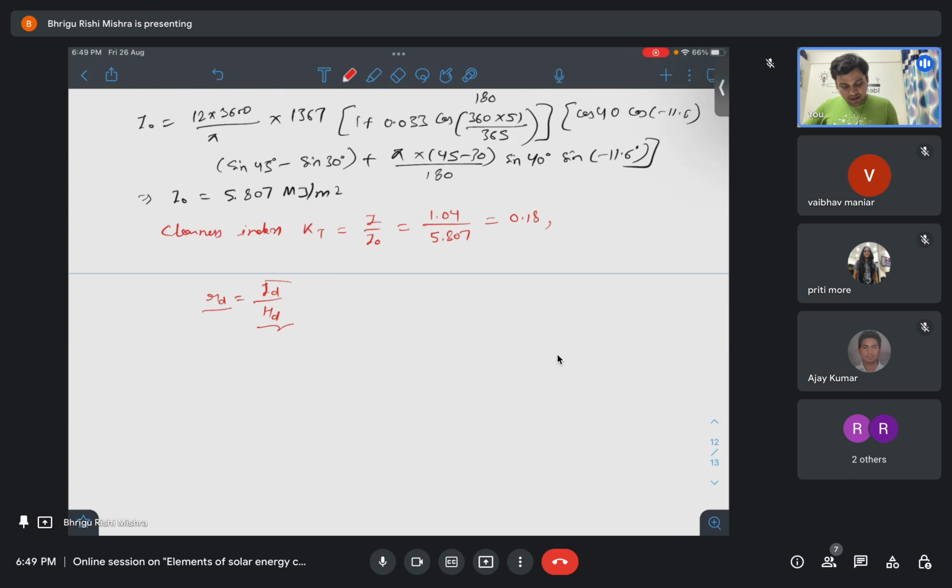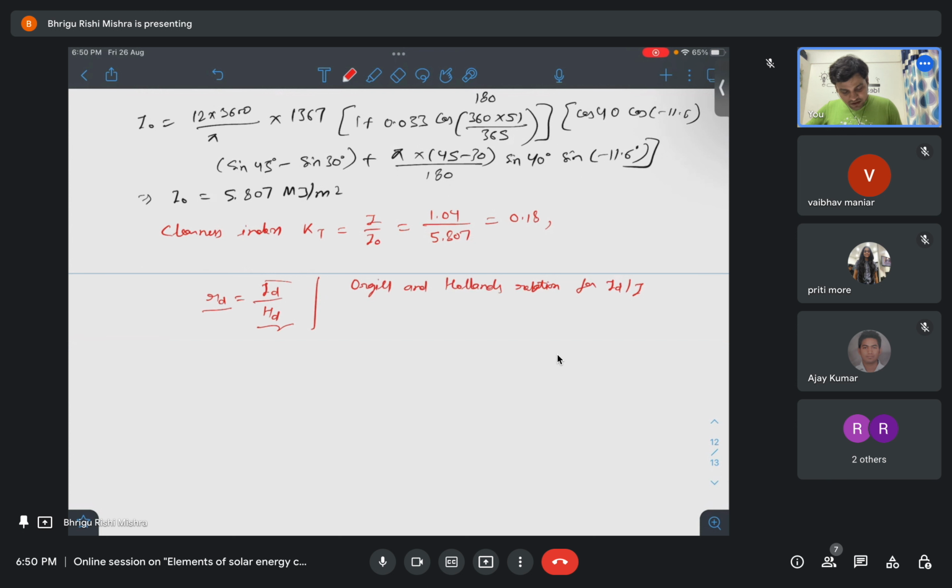Okay, but apart from it, I am using a simple relation. In the question itself it was given that you can use the Orgel and Holland's relation for ID by I to calculate the hourly diffuse radiation.